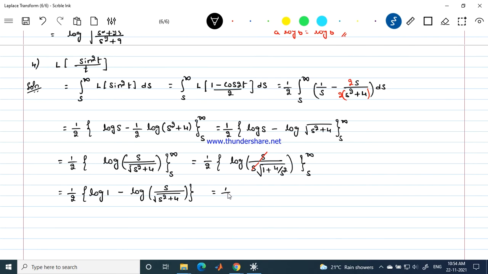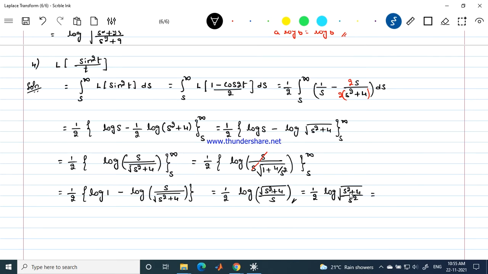And this can be written as 1 by 2 log of square root of s square plus 4 by s. We can also write this one as 1 by 2 log square root of (s square plus 4) divided by s square. The square and square root cancel to give us s.